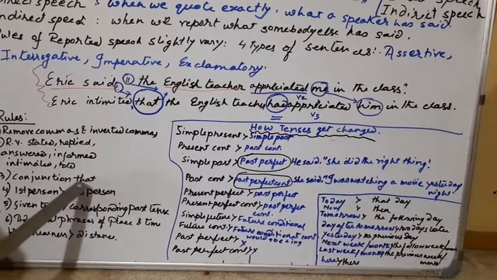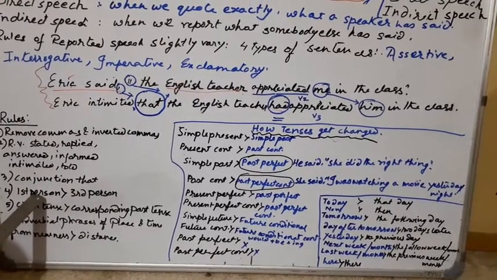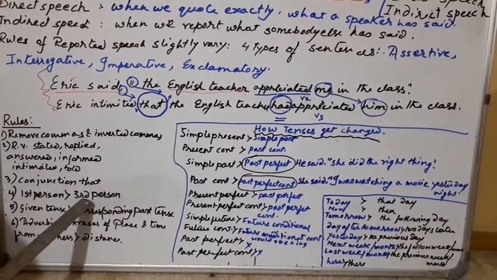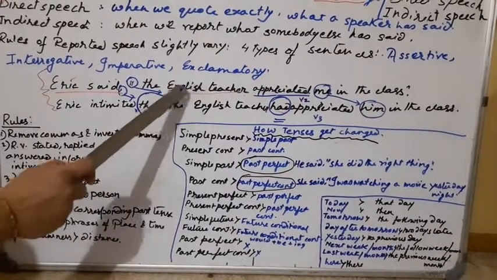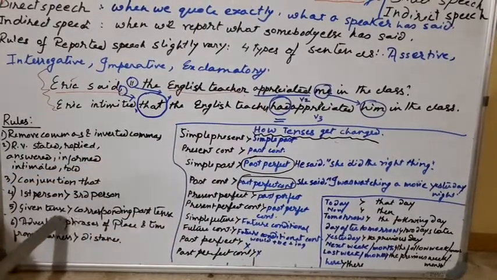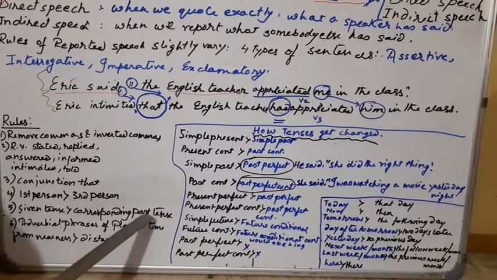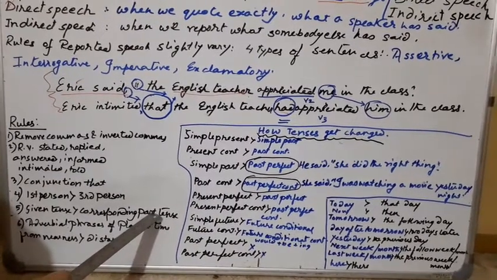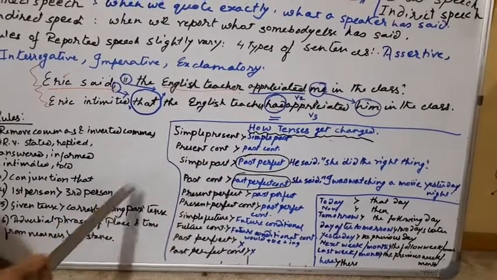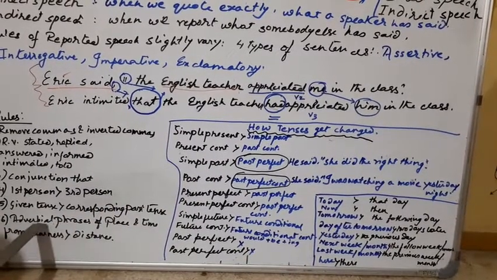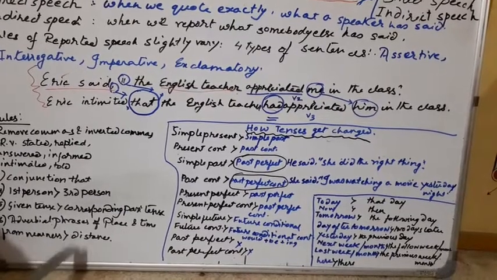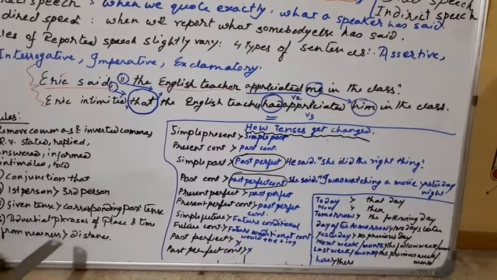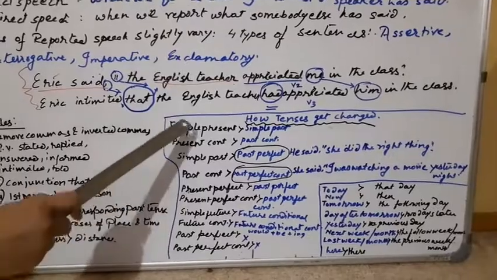Okay, conjunction that, then first person will change to third person in the normal situation. Then the given tense, here given tense is past tense, that will change to its corresponding past tense. Got it? That means if it is present, then it will change to its past tense. Adverbial phrases of place and time, that is from nearness to distance. I will be coming to this point afterwards.